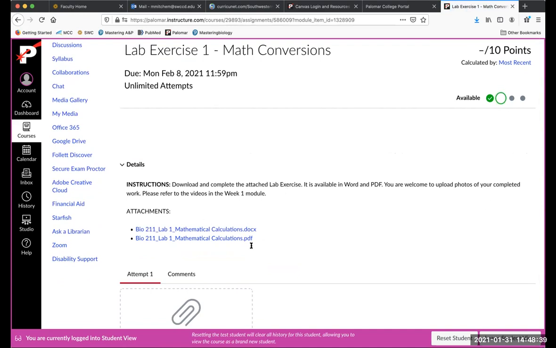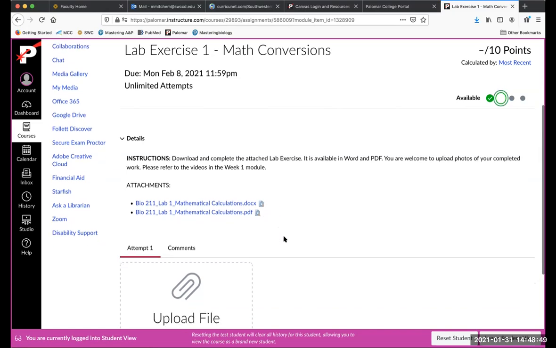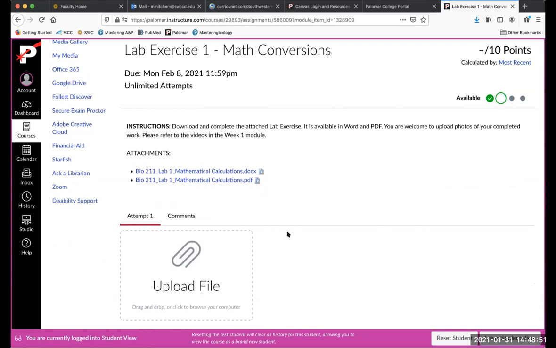But you've got the lab itself provided to you in Microsoft Word and in PDF format. So it's the same file. And you go through it, you complete your work, and then you upload it back to me. So I grade labs based on completion for the most part.